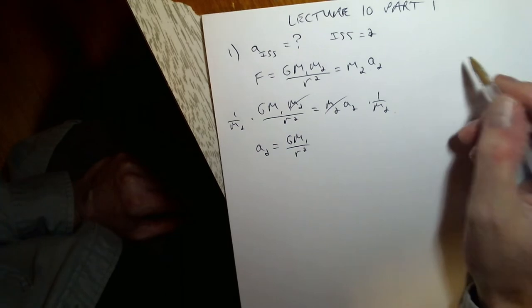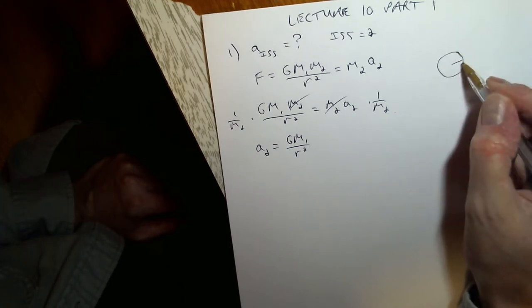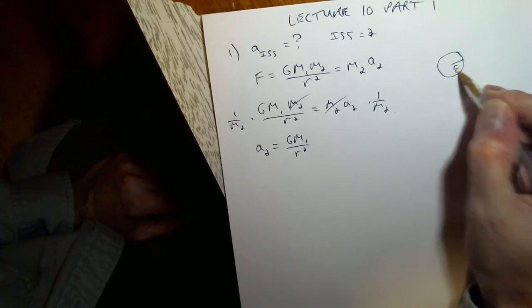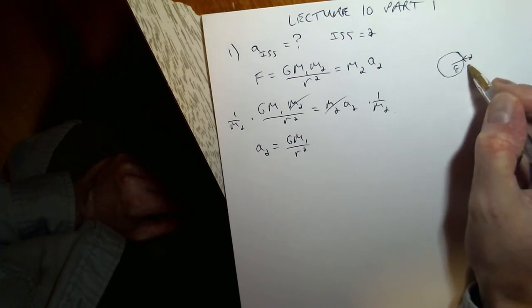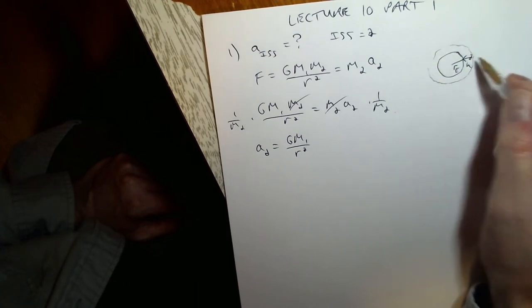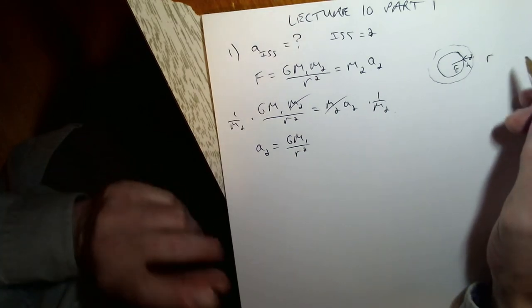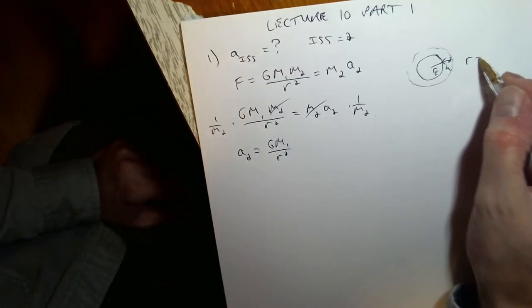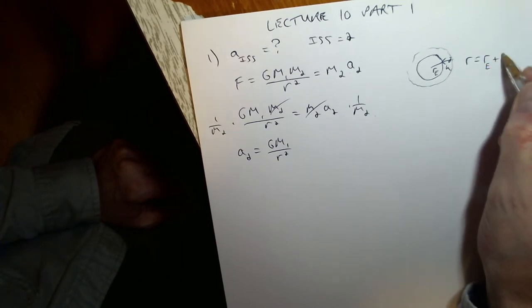And remember, draw a picture because otherwise you might make a mistake about what r is. So here's the radius of the Earth. Here is the altitude or the height. And here's the International Space Station. So the radius from the center of the Earth to the International Space Station orbit is radius Earth plus height.